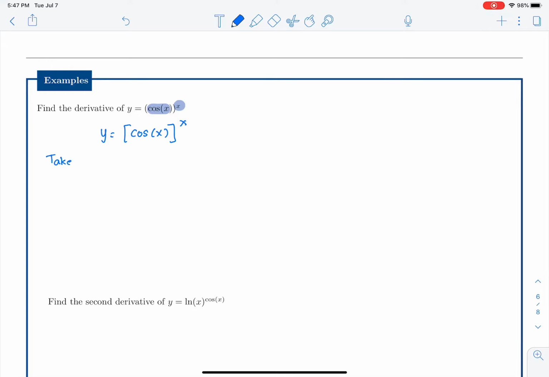So take ln on both sides. So ln of y would equal ln of cosine of x raised to x. Using the power rule of logarithms, x is going to move to the front. So x times ln of cosine of x.